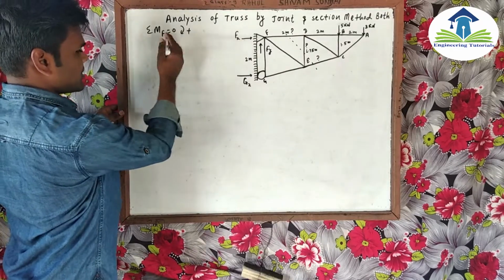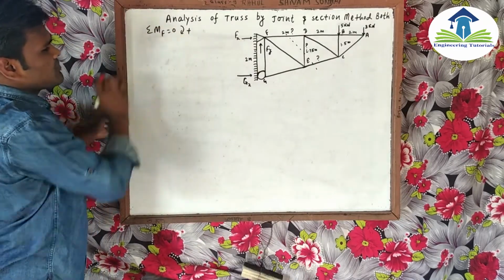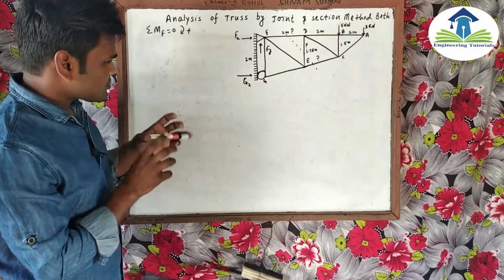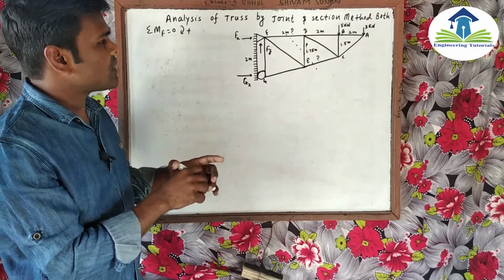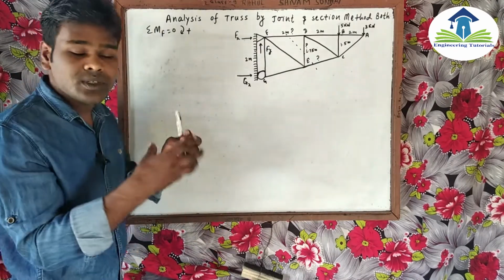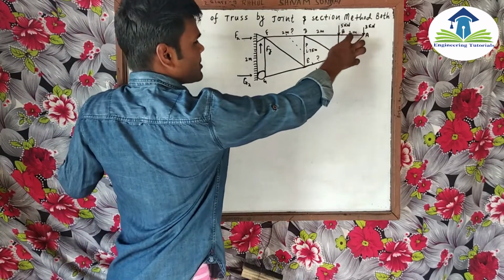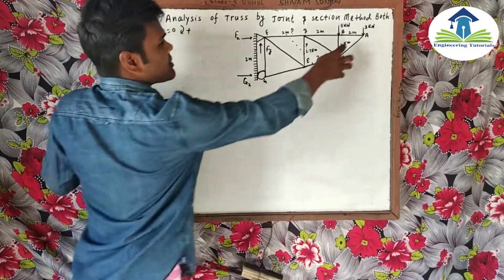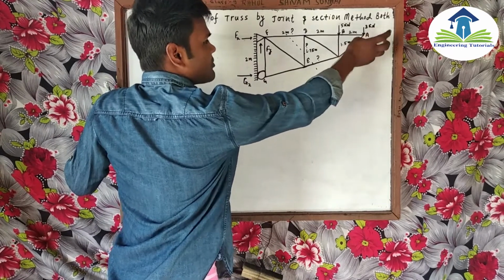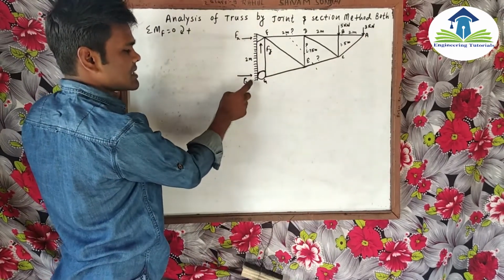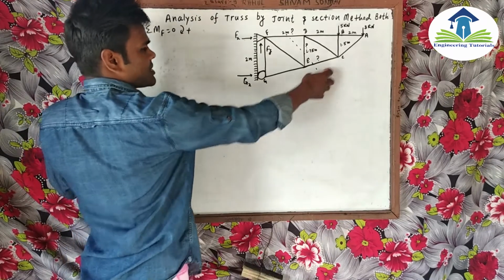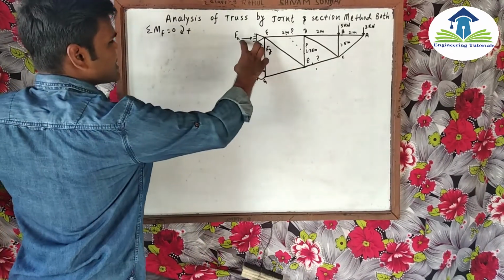So summation MF is equal to 0. Which forces generate moment? The 5 kN force generates a clockwise moment, the 3 kN force also generates a clockwise moment, and Gx generates an anti-clockwise moment at a distance of 2 meters.